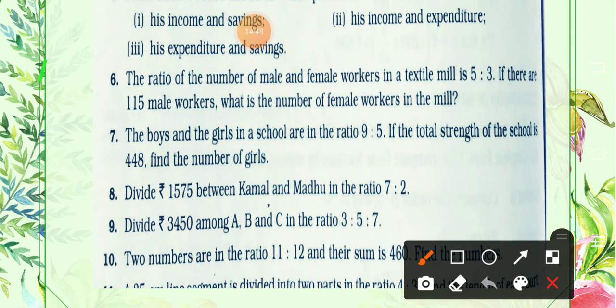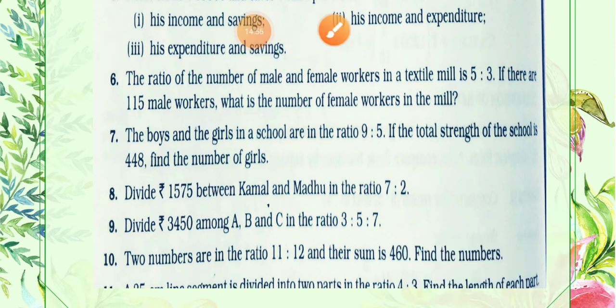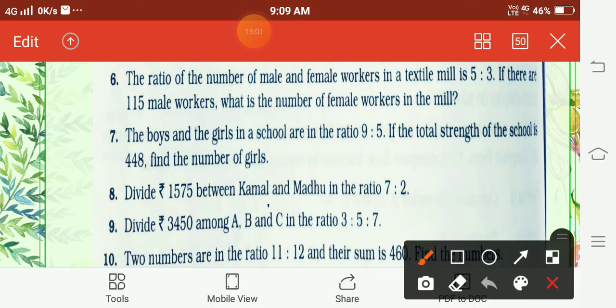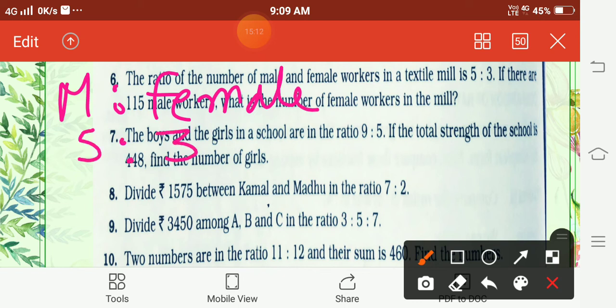So male ratio female is 5:3. If there are 115 male workers, students, the number of male workers is 115. We have to find out the number of female workers.